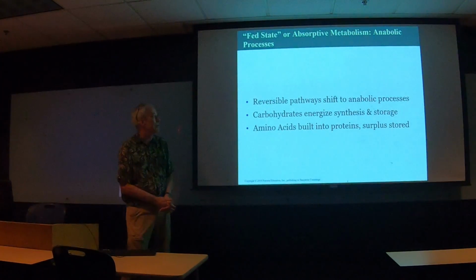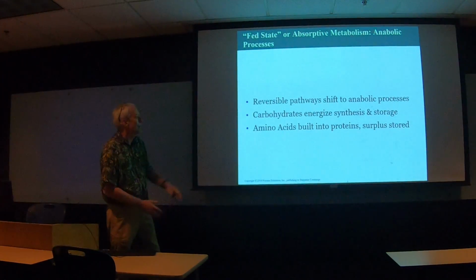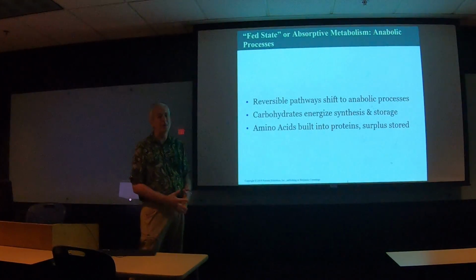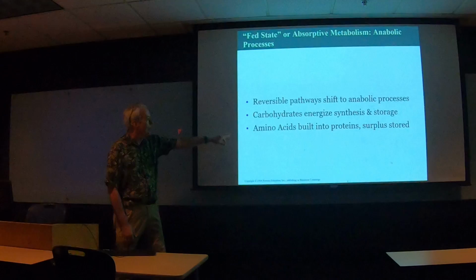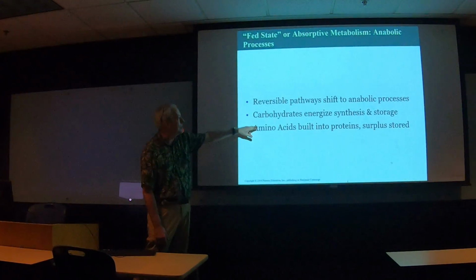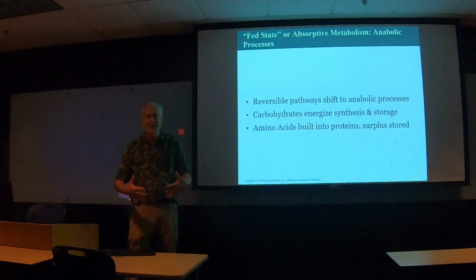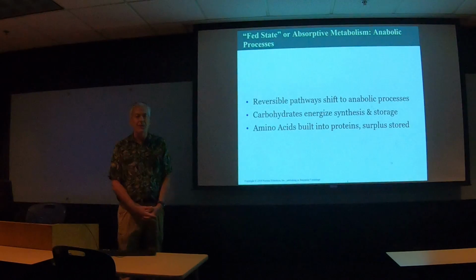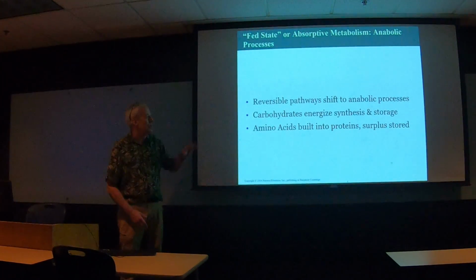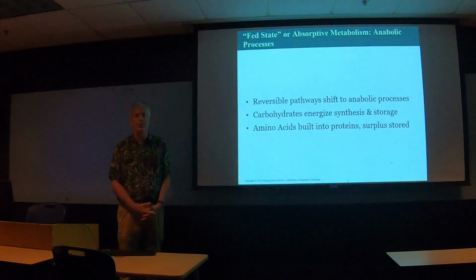So in the fed state, typically the fed state is going to be defined by the presence of insulin. So insulin tends to favor the formation of glycogen. Amino acids are built into proteins, and those pathways are going to be stimulated so that you're taking all of the nutrients that have come in from the GI tract, and you're building these materials either in the liver, or in the case of fats, you form chylomicrons.